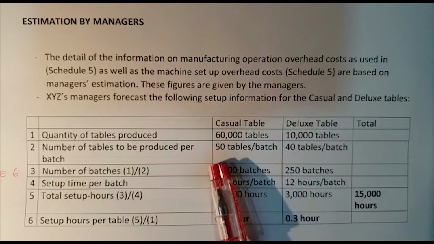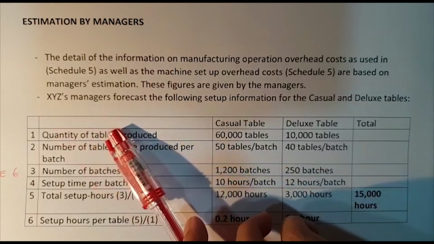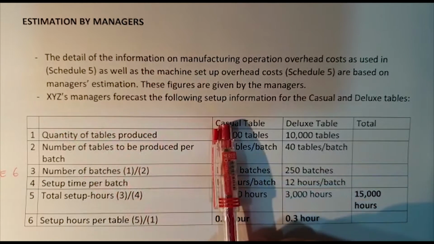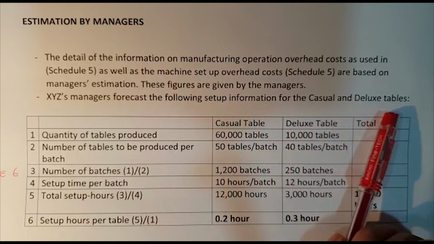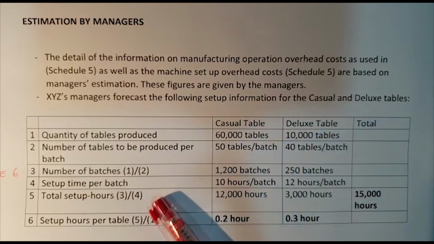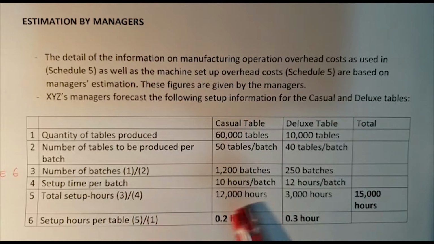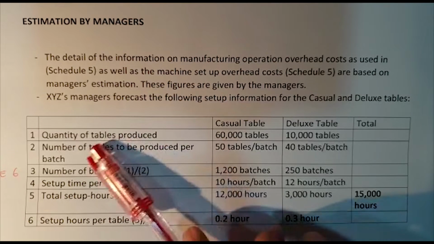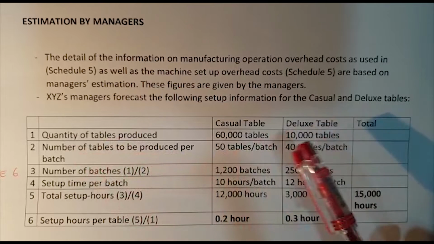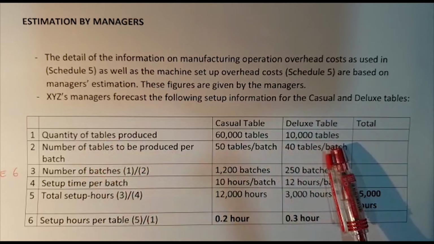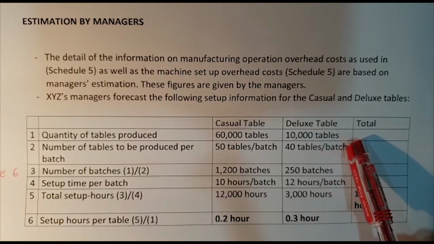Other than that, XYZ managers also forecast the following setup information for the casual and deluxe table. This is basically the information given by them. The quantity of tables produced for casual is 60,000 tables, deluxe is 10,000 tables.